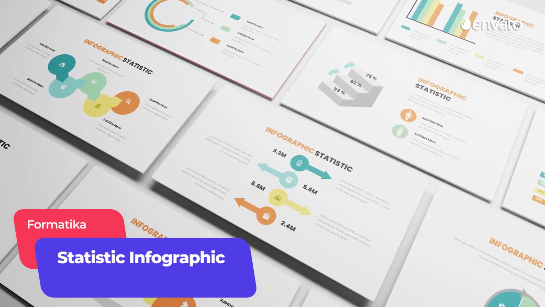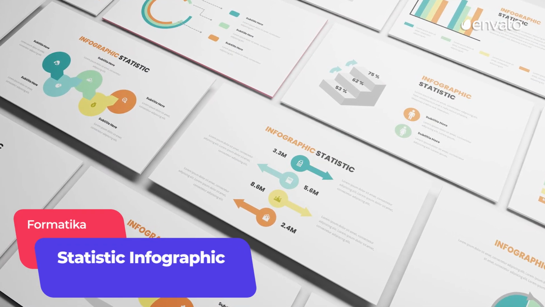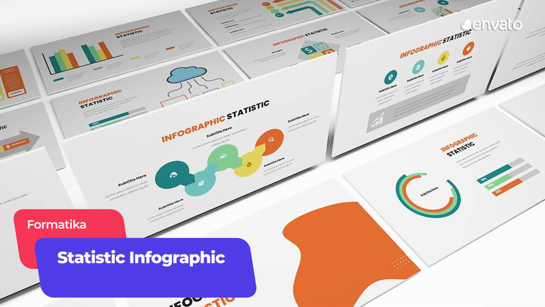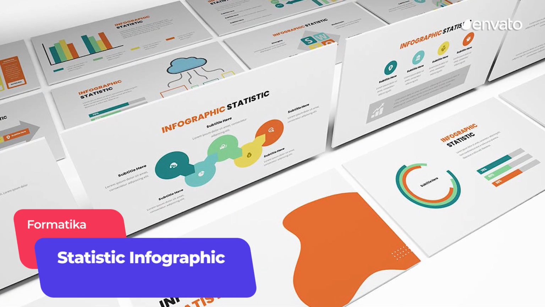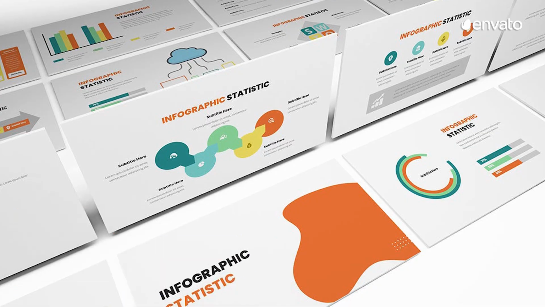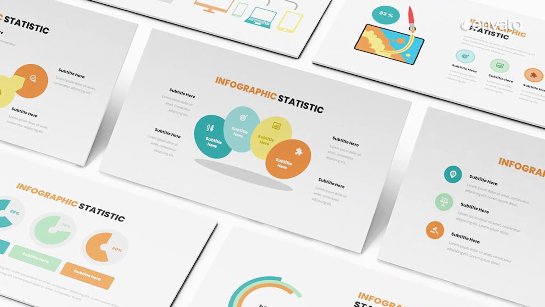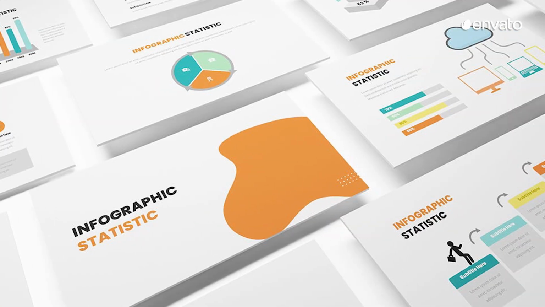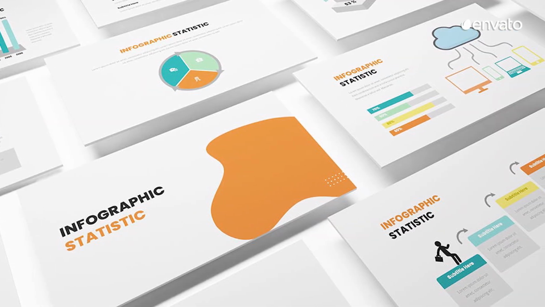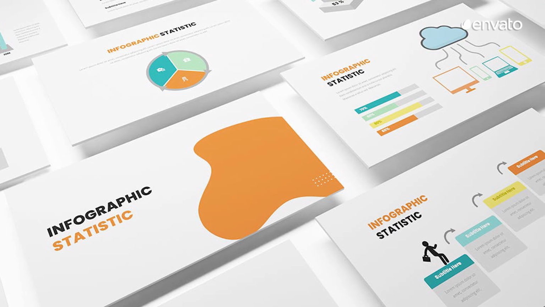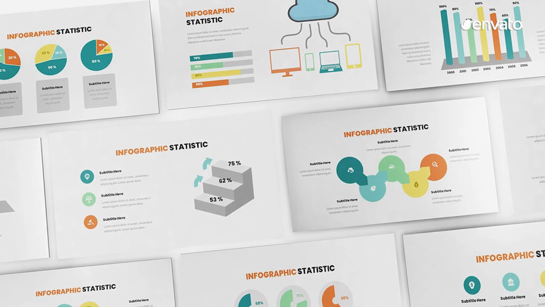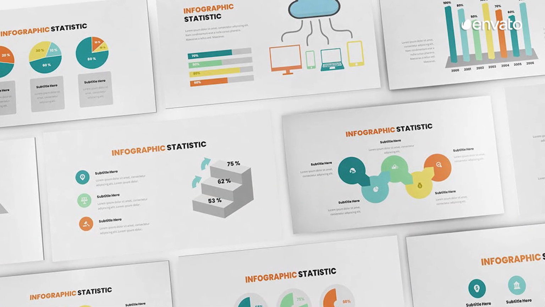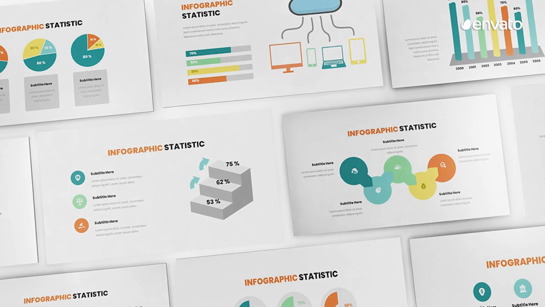Harness the trend with these clean, clear, statistic infographic templates by Formatica. Containing 30 unique slides, customizable animations and transitions enable you to take the viewer by the hand as you guide them step by step through the presentation with the help of moving parts, directional arrows, stepping stones, and interconnecting circles.